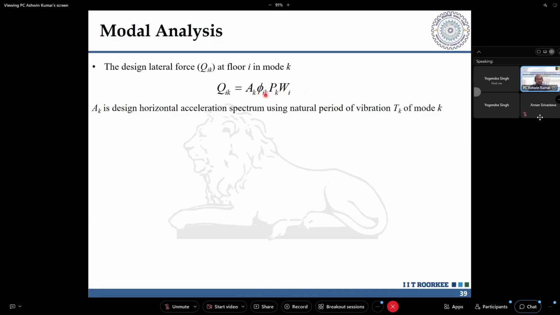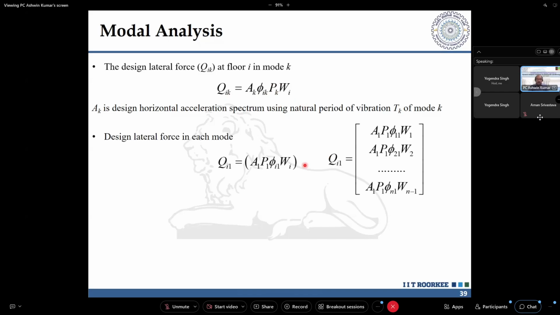Mode shape is what tells where the mass is going, but here comes the participation factor. If I do this multiplication with Q i1, what I'm getting in different layers is the base shear, and the value of shear at the first floor, second floor, and third floor.